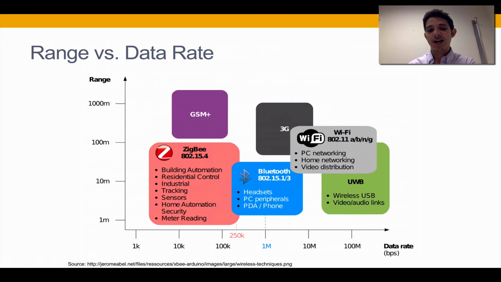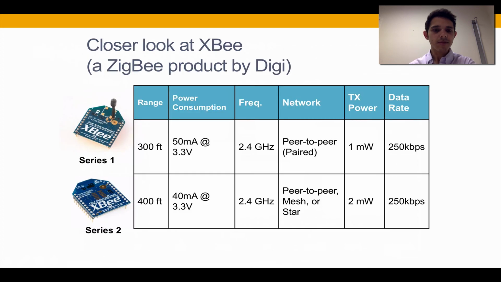So it's pretty good for things like building automation, say doing a wireless sensor network in a manufacturing facility that is quite large. Think like the Gigafactory, for example. Okay, let's take a closer look at XBee. XBee is a product. ZigBee is the wireless communication protocol.